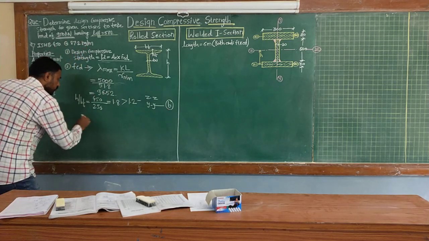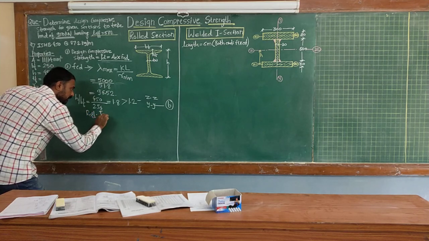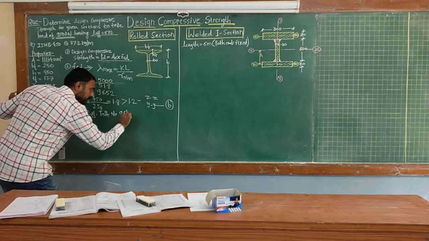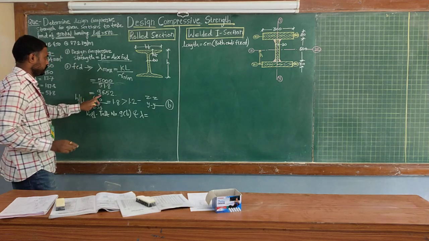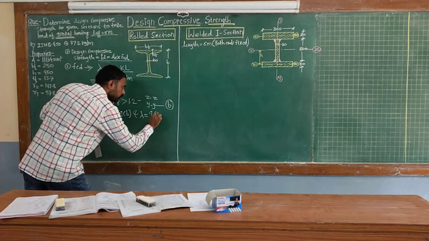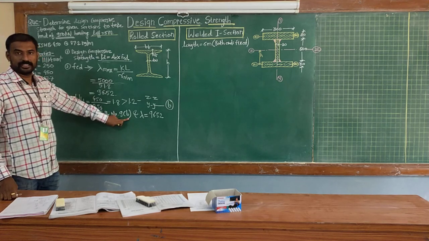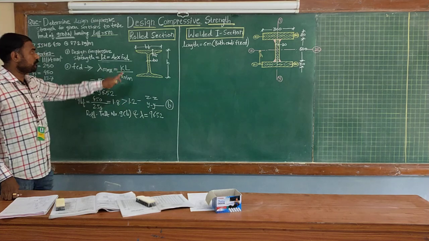So therefore, referring to table number 9B, correct, and lambda value is equal to 96.52. Correct? So directly go to table 9B and lambda value 96.52, you will be getting the value of FCD.